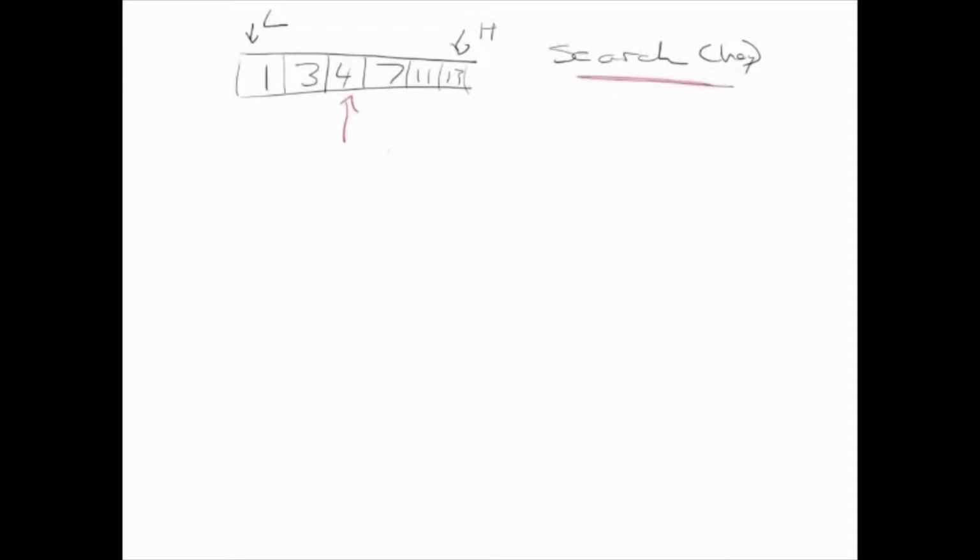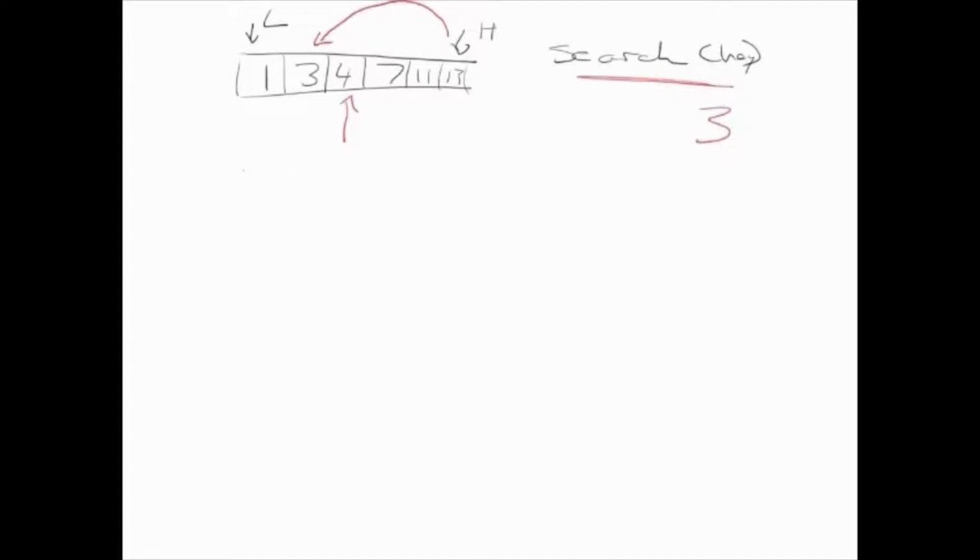Say we're searching for 3. If the item we're searching for is less than the item we found, then we move the high value to be here. If it's the other way around, then we move the low value to be here. And then we call search again. So this is how the recursion works.